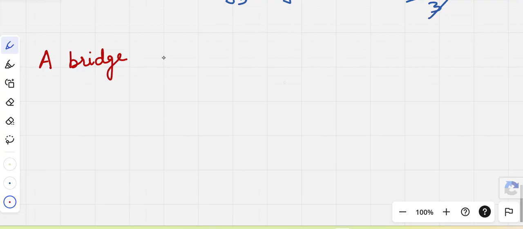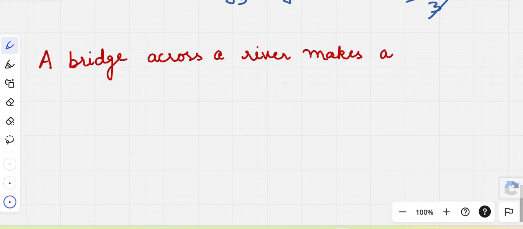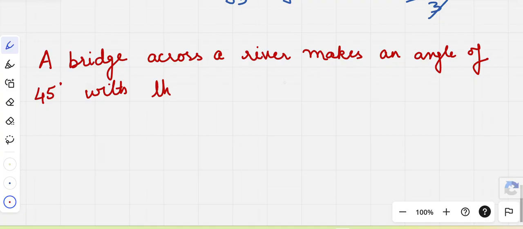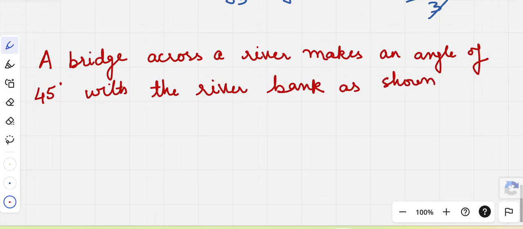A bridge across a river makes an angle of 45 degrees with the river bank, as shown in the figure.